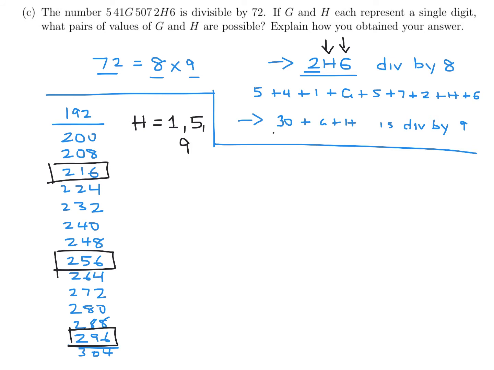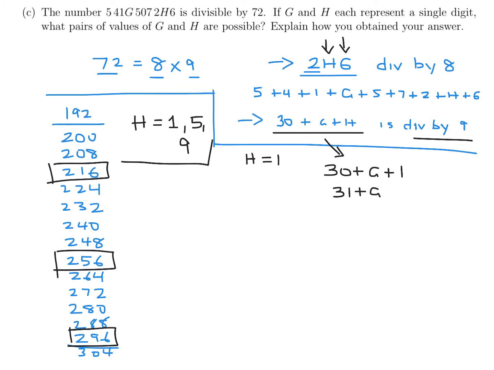So now we can move back to this one here. We have a few possibilities now. If H is equal to 1, then this becomes 30 plus G plus 1, which is 31 plus G. Now this has to be divisible by 9. So let's look at multiples of 9. We have 9, 18, 27, 36, 45, 54, and let's just stop there.